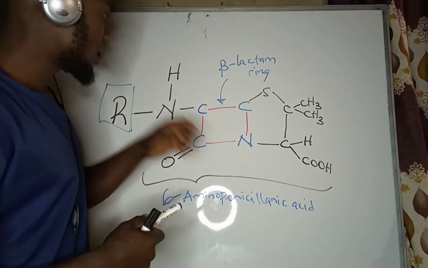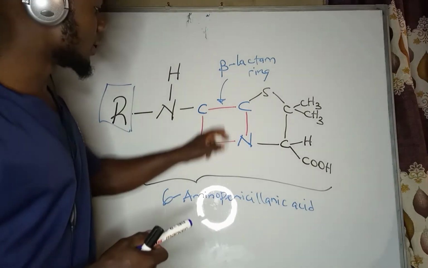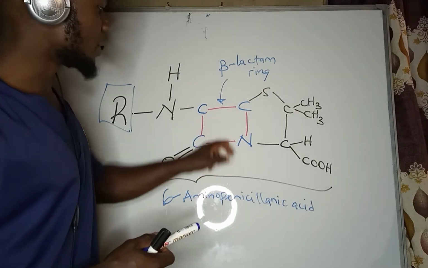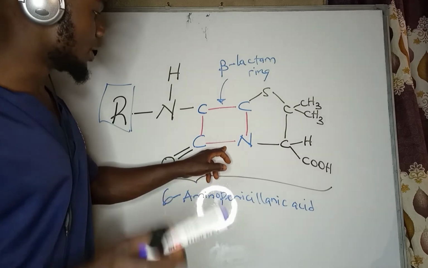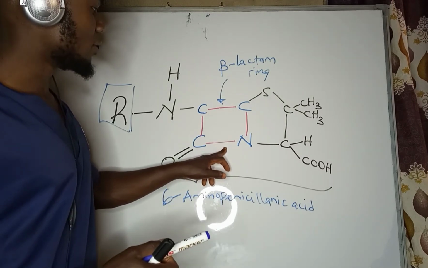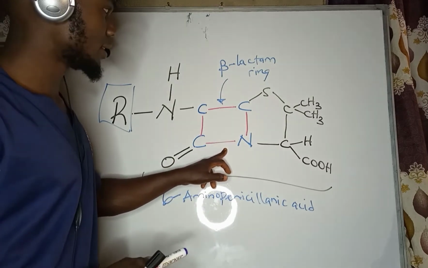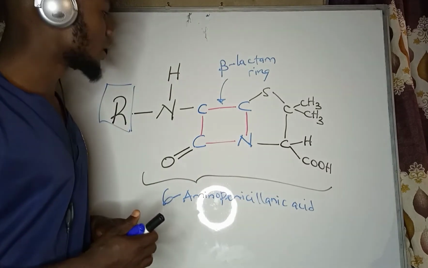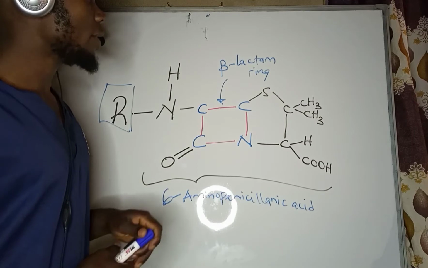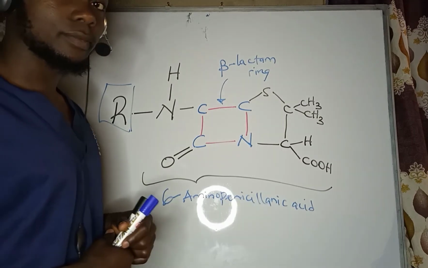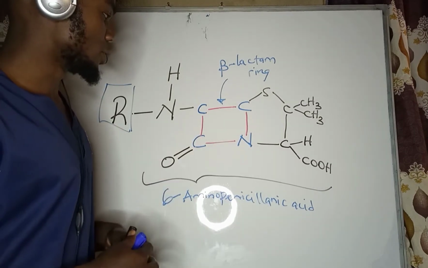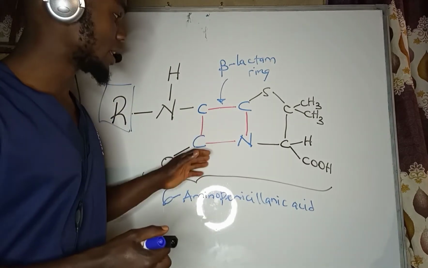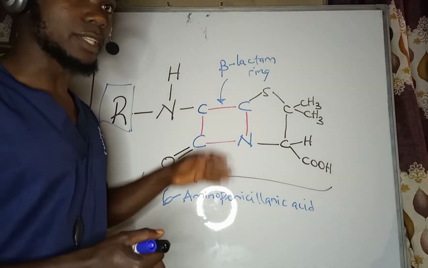Then here, where we see these bonds, this is the site where we expect hydrolysis by bacterial penicillinases or acid hydrolysis. So this is the general structure of our beta-lactam drugs, including cephalosporins and penicillins. But right now we are looking at penicillins specifically.